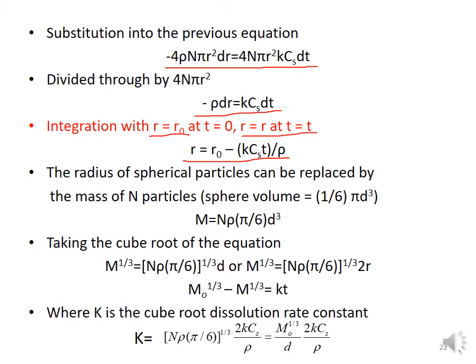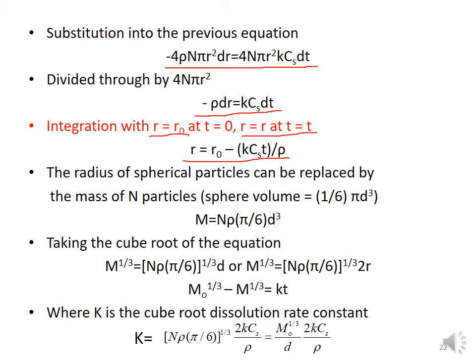When we are conducting a dissolution experiment, it is not practical to measure the change in the radius of the particles with time. Therefore, it will be easier if we measure the amount dissolved with time and then determine the weight of the undissolved powder as a function of time.